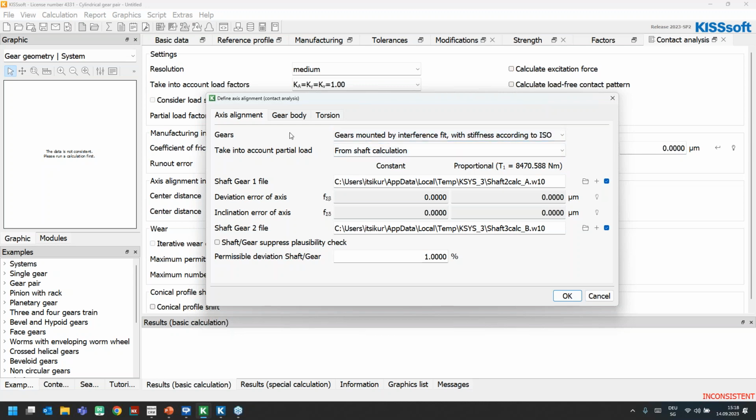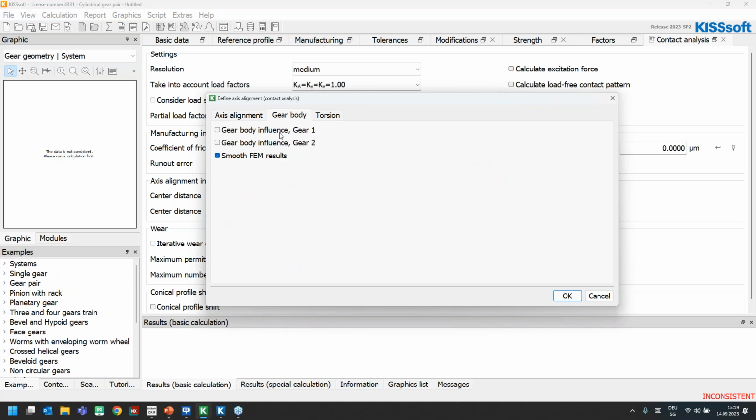So what are the options here? For example, how are the gears treated in the shaft calculation? Here, I just said that the options in the shaft calculation should be taken. You can see there is a link to the shaft calculation itself. And in the tab gear body, we can account for the influence of a gear rim.